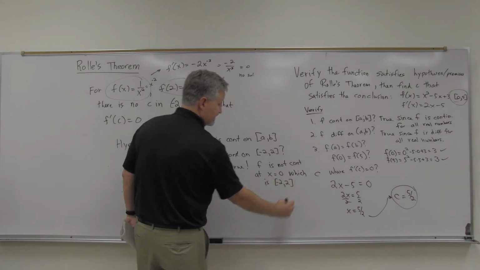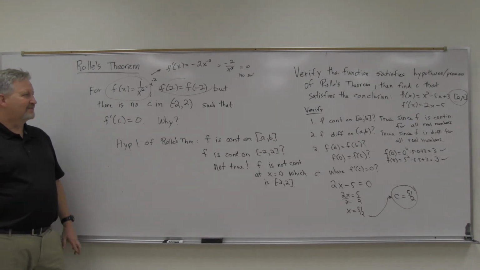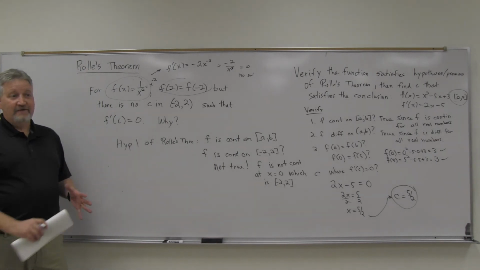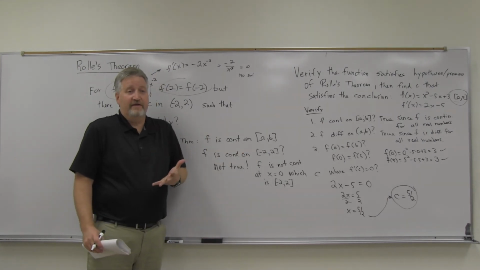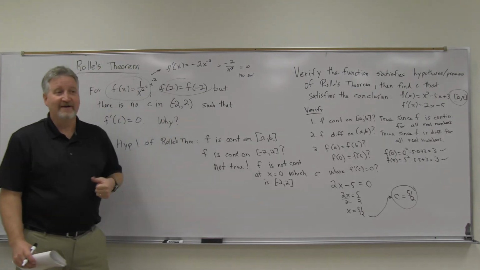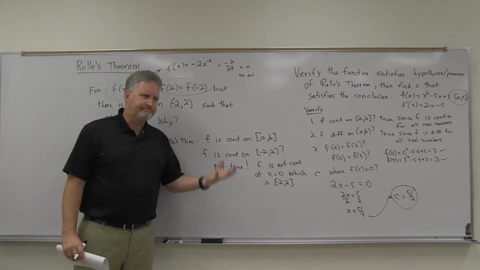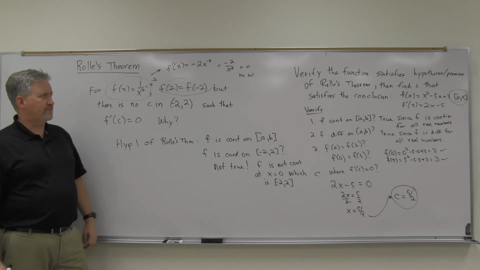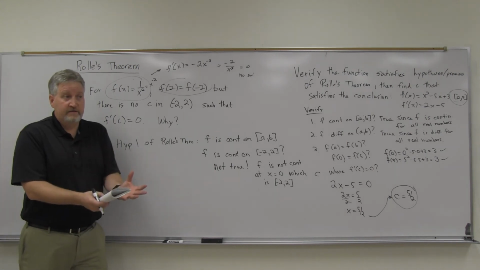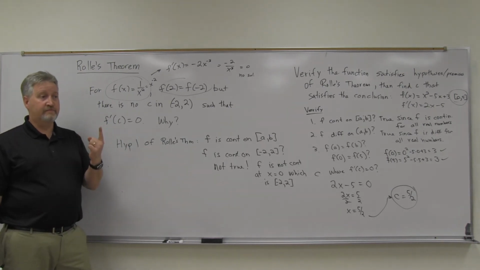If we picked some other values, well, in this case there aren't two other values we could have picked to satisfy all three, but as far as continuity, if we picked something that didn't include 0, that hypothesis would be okay. With this one anyway, we'd run into some difficulty on the other hypotheses. But this is a good example of where, for the conclusion of a theorem to work, all hypotheses have to be satisfied.